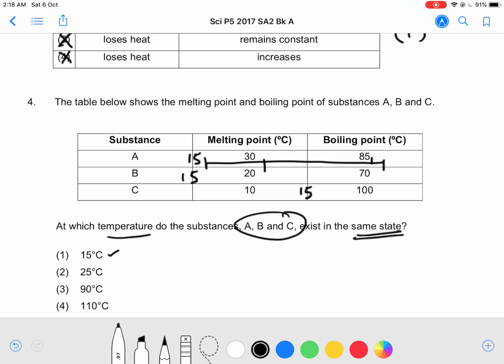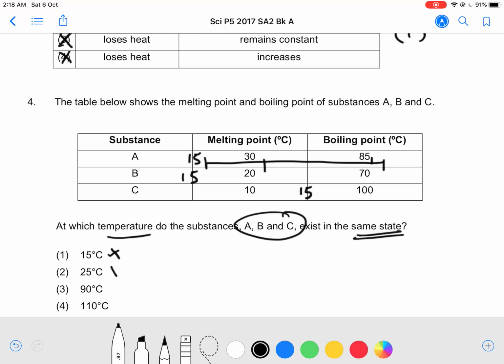So for A and B, 15 would mean that it is still a solid. A and B is a solid. But for C, it will mean that at 15 degrees, it has already melted. So 15 cannot be the answer.